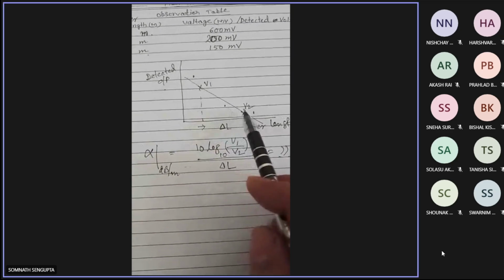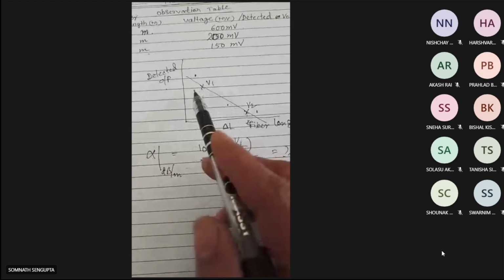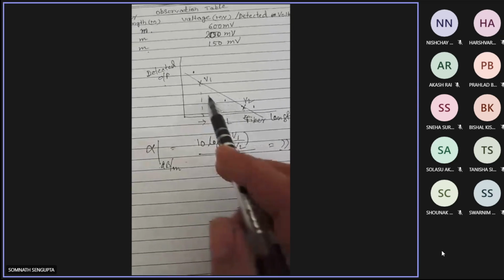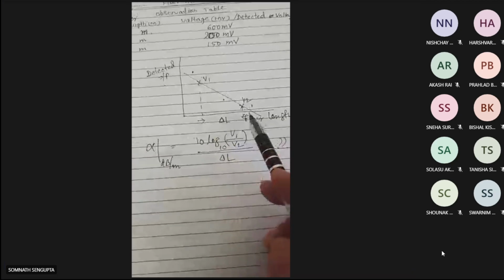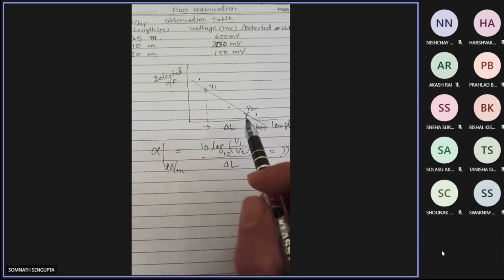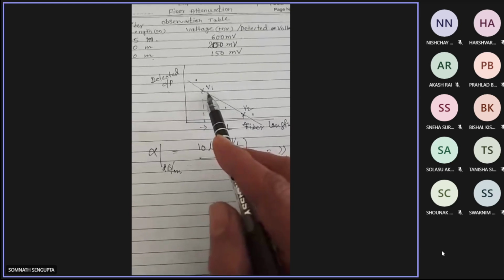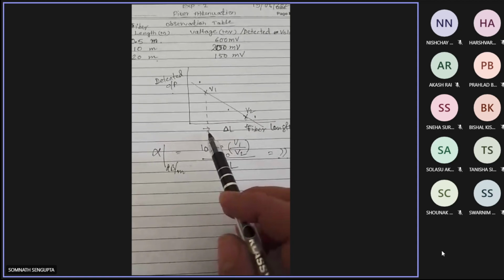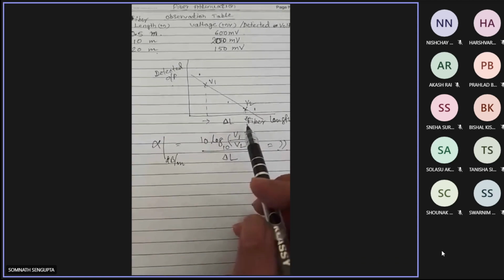These 3 points will come like that, and you have to draw a straight line which will be close to all the points, an approximated curve. Okay, straight line, and then take 2 points, this point and this point. Those 2 voltages are V1 and V2, and note the corresponding lengths from this and this.